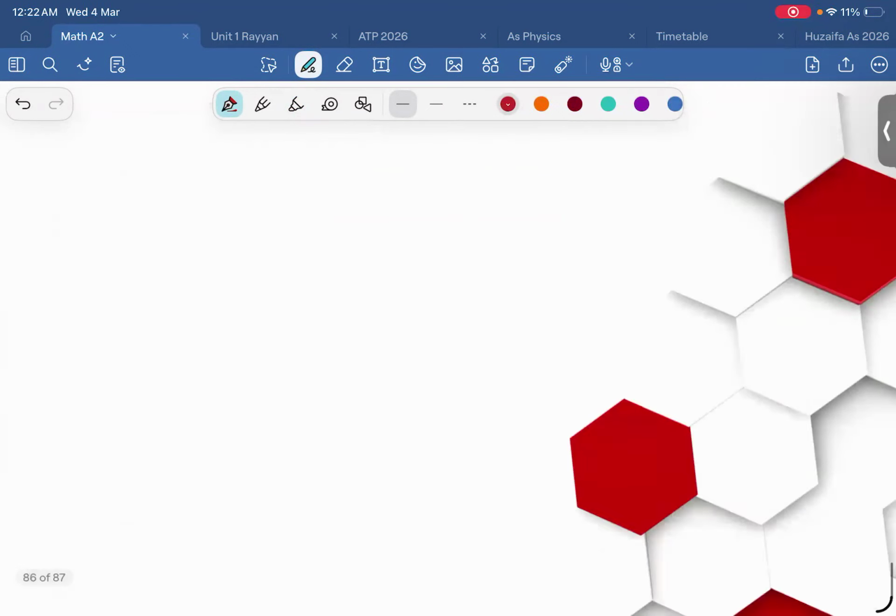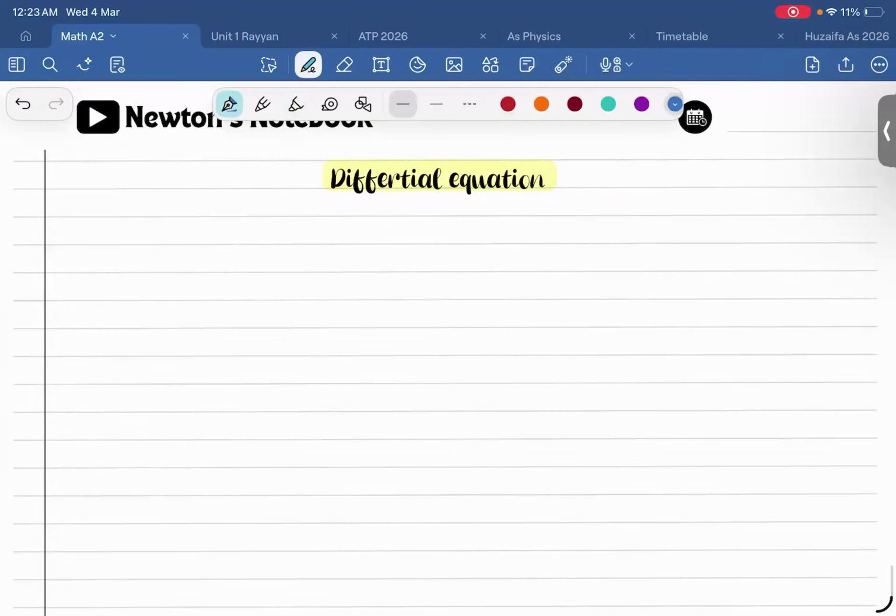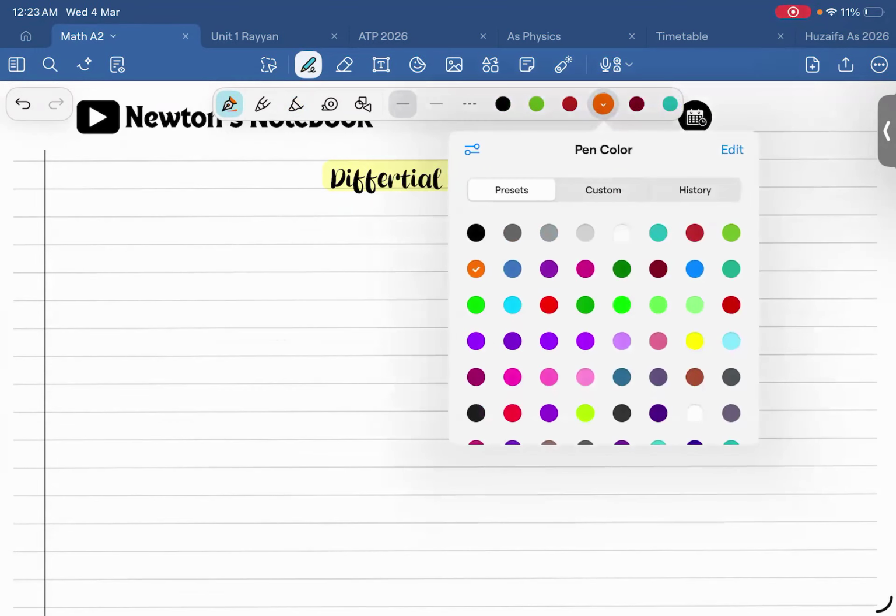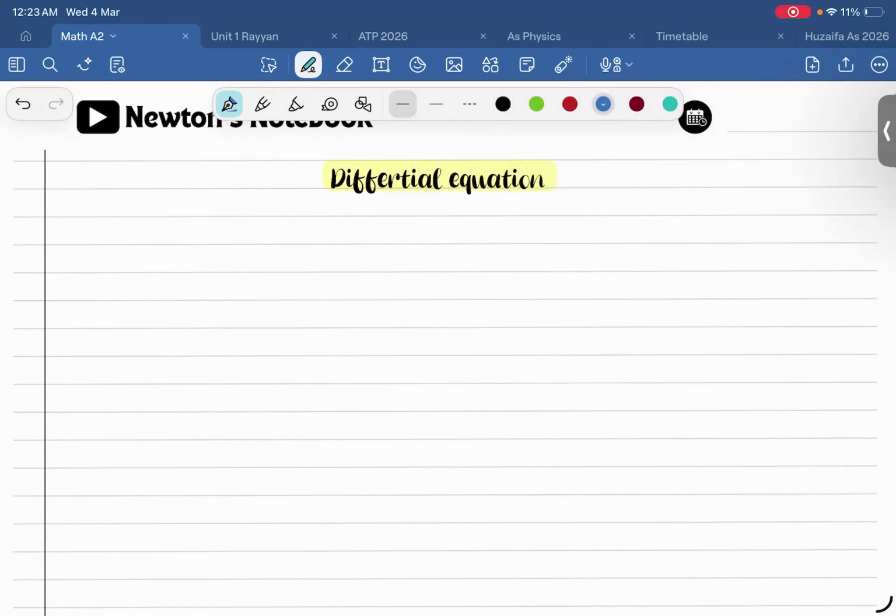The first one is partial fractions, and the second is integration, all types of integration. So these are basically the two chapters with which differential equations are connected.